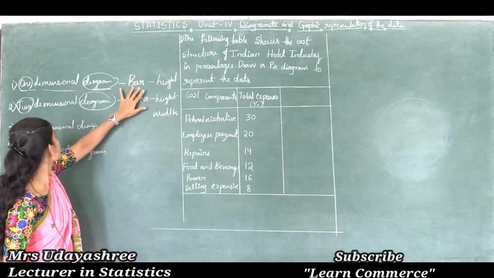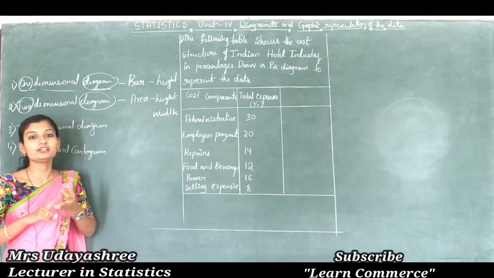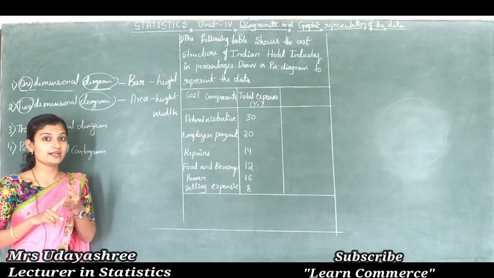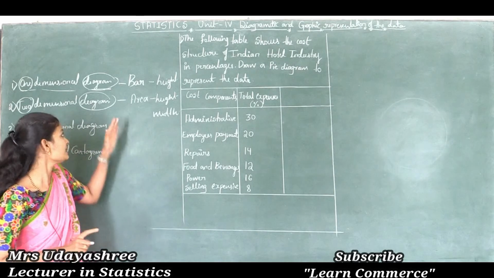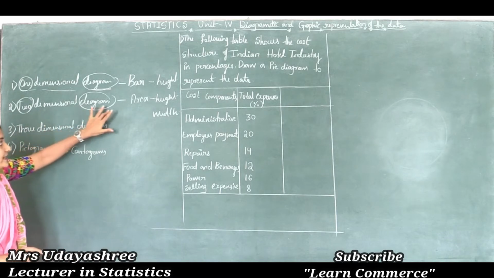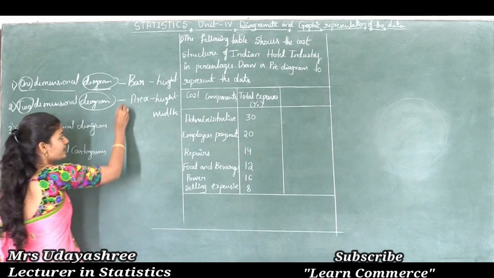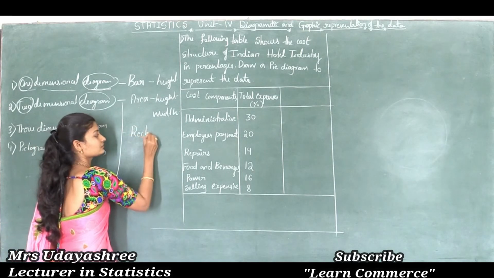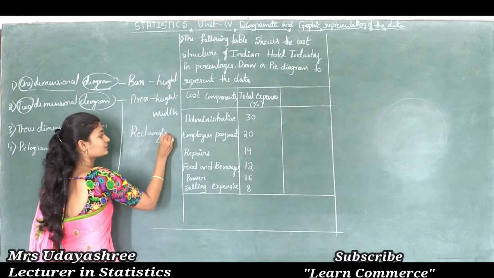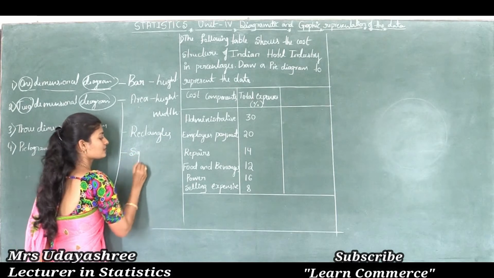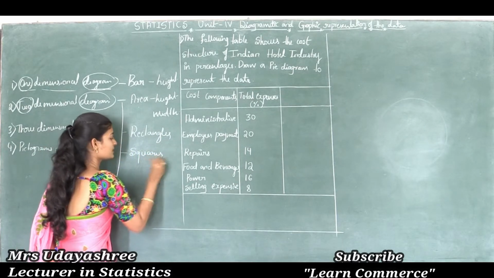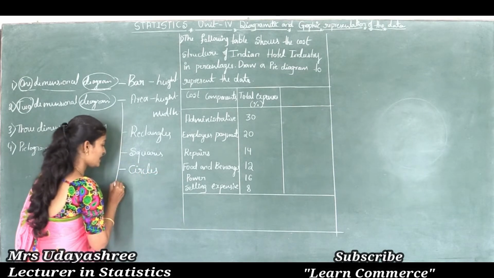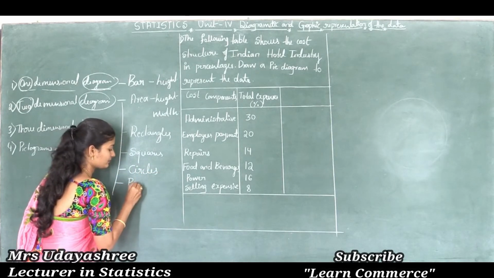We already discussed that in one-dimensional diagrams there are four types: simple bar diagram, multiple bar diagram, component bar diagram and percentage bar diagram. Like that, in two-dimensional diagrams there are four types: rectangles, squares, circles and the last one is the pie diagram.